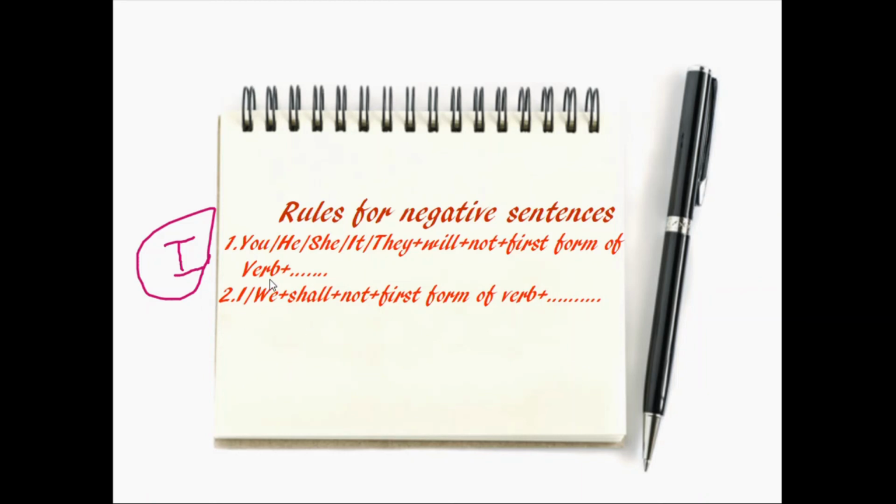So I or we plus shall plus not plus first form of verb plus the rest of the sentence. For example, we shall not skip the exams. So we shall not skip, skip is the first form of verb, exams or classes, anything.